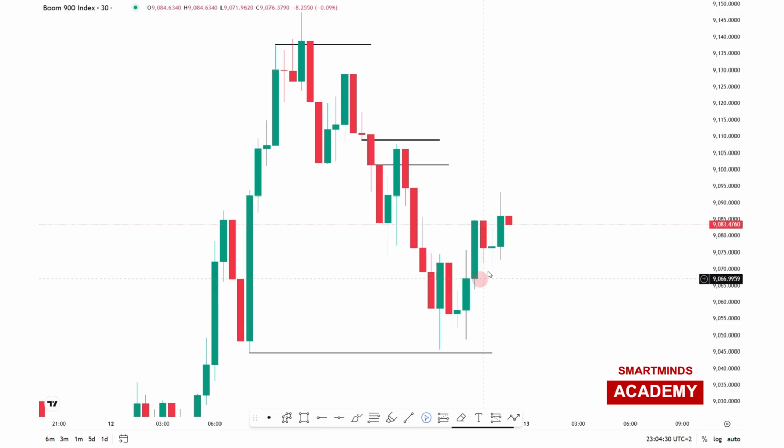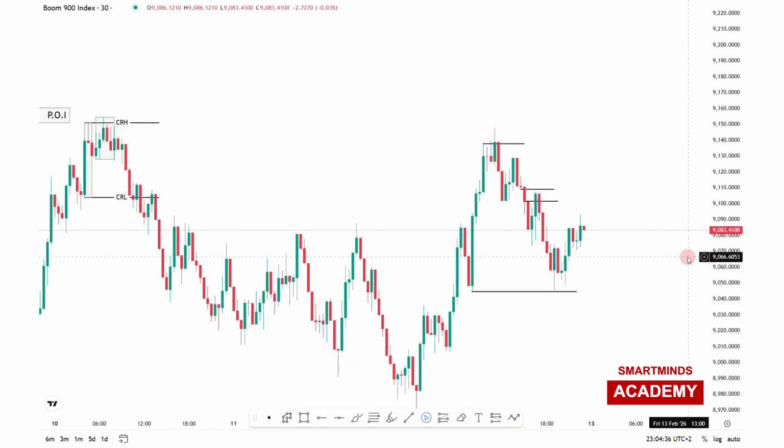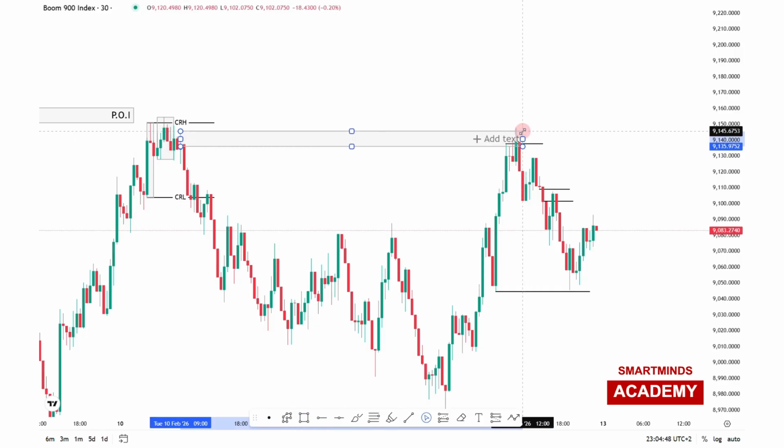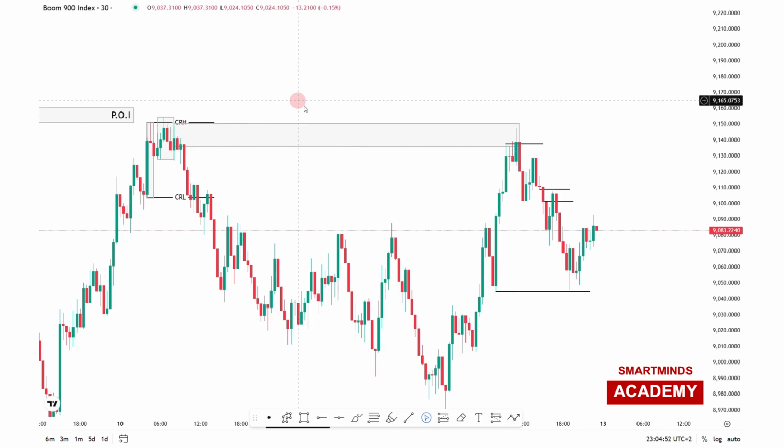But at this point in time, this is what we have, and this is why I knew our price would sell from this area here. I knew very well that we were going to sell in this area.